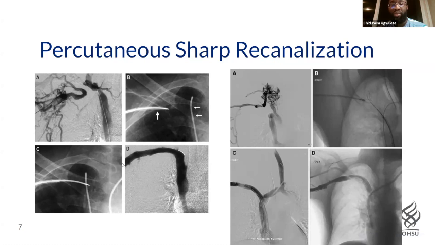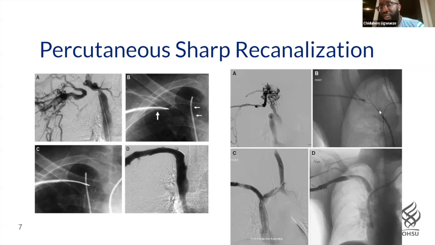Now you see there's brisk flow from the arm down into the SVC without evidence of collateral veins. As you can see, these are all a tangle of collateral veins here on the pre, and then here's brisk flow going across without evidence of collateral veins. So this is an example of using the Chiba needle from above.